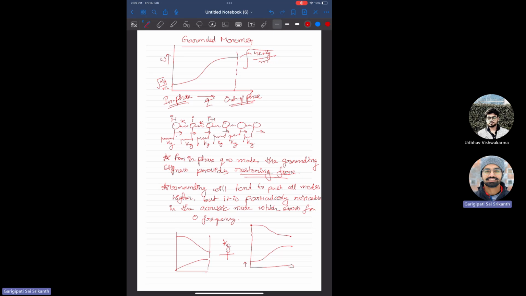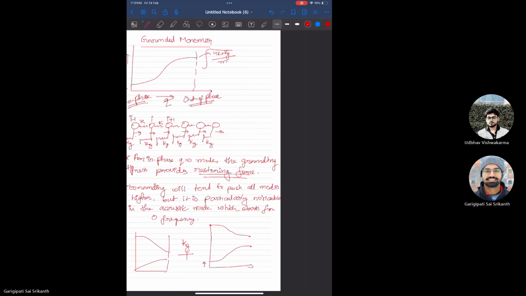So I'll leave you with one question for grounding: what is the type of band gap for grounding? Because we established that there is something called a Bragg band gap.